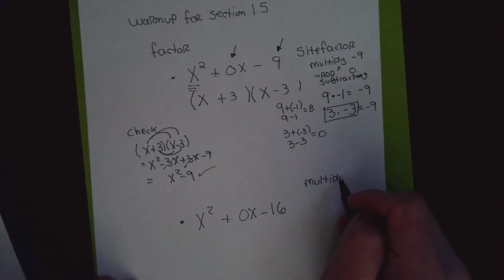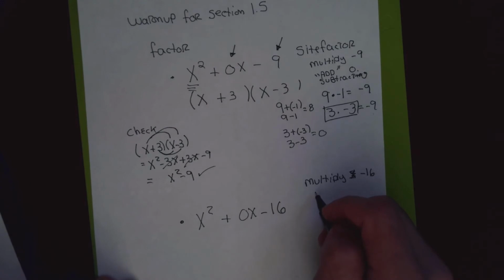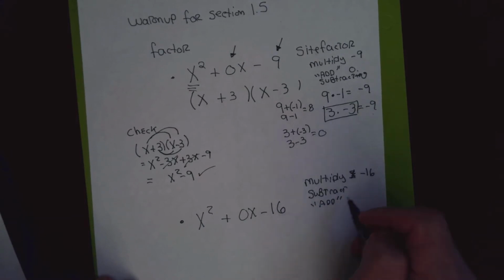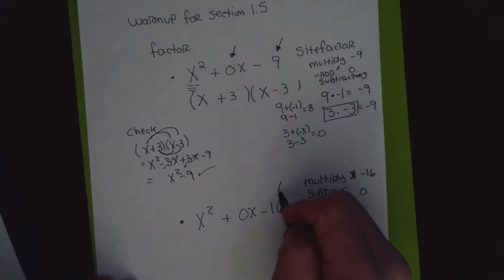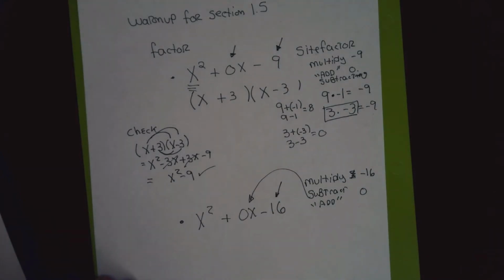I'm going to load up the front with x's, and the ends, or the lasts, have to multiply to negative 16, have to, quote, add to 0.